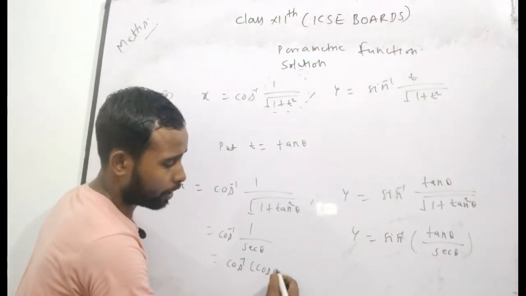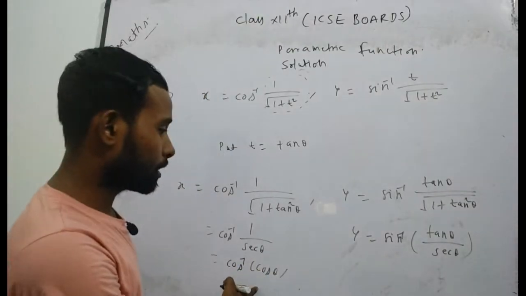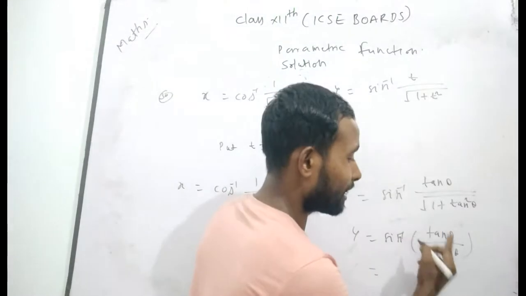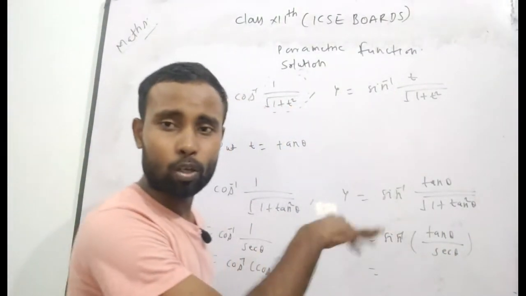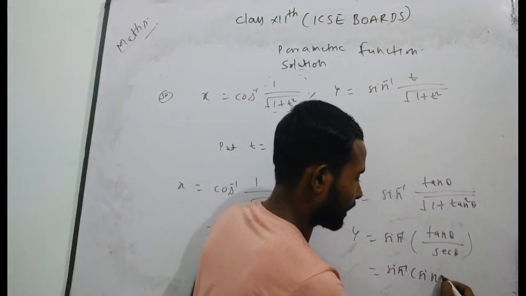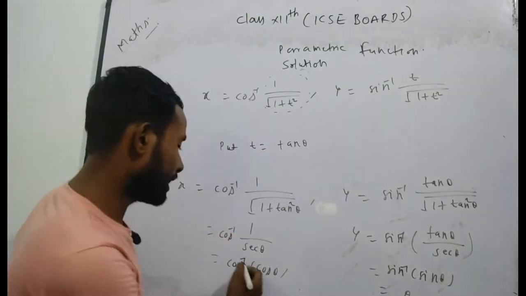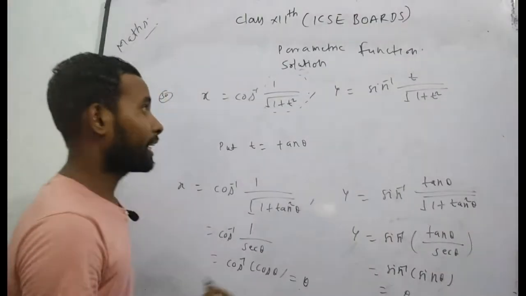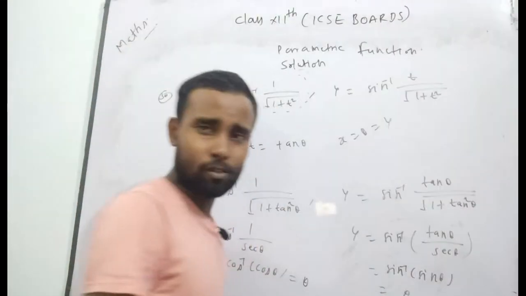Cos theta, because 1 upon sec theta is cos theta. And y has tan theta, which is sin theta by cos theta, times 1 upon sec theta, which is cos theta. The cos cancels. Finally you get sin inverse of sin theta, which is theta. That means x is equal to theta as well as y is equal to theta.